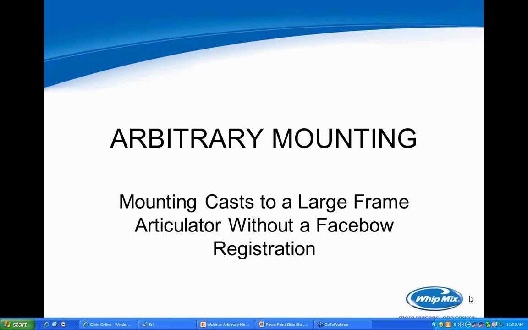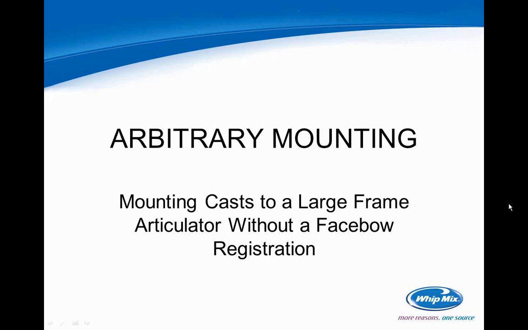So we want to talk a little bit about arbitrary mounting and how it relates to our daily activities and perhaps how we could use some better management of those mountings so that we have better final products for our patients. So if you will, walk with me through arbitrary mounting.